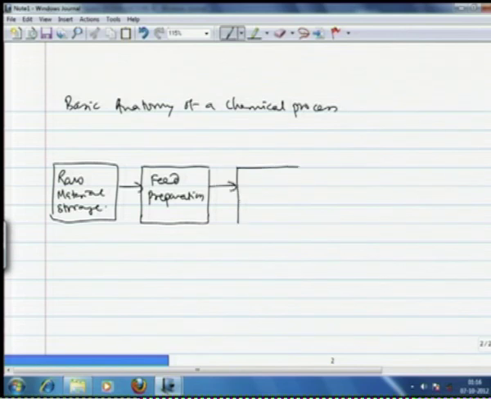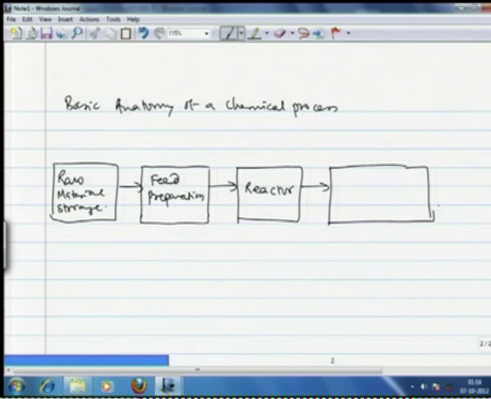So, after feed preparation, there is a reactor. The streams emerging from reactor contain mainly products, byproducts, waste products, and unreacted reactant. Okay. So, the stream emerging from reactor has to go to product separation unit.